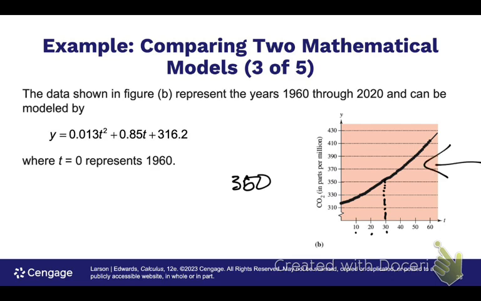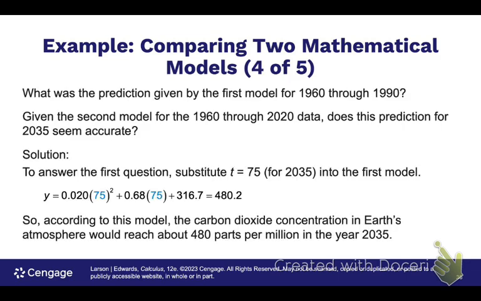This was a prediction model. The other one was an actual model. Now if I plug in that many years, you're plugging in T for time. This was just a prediction.